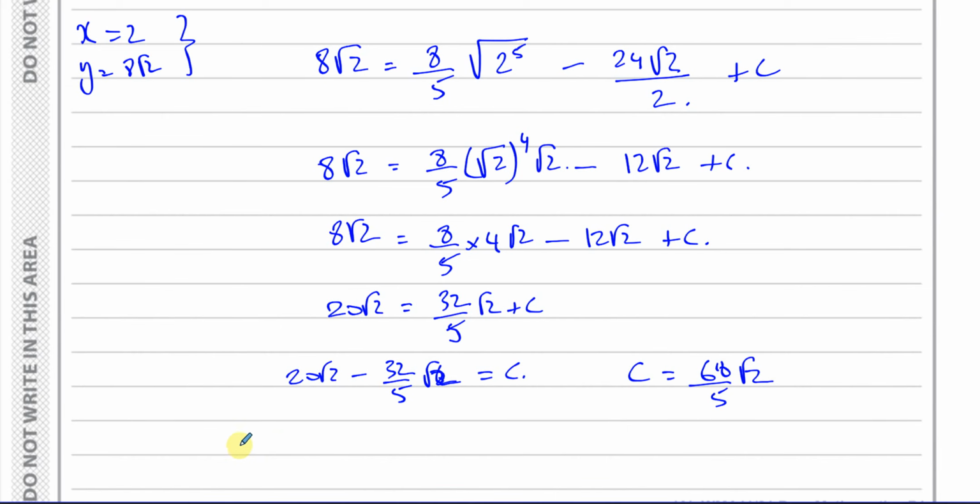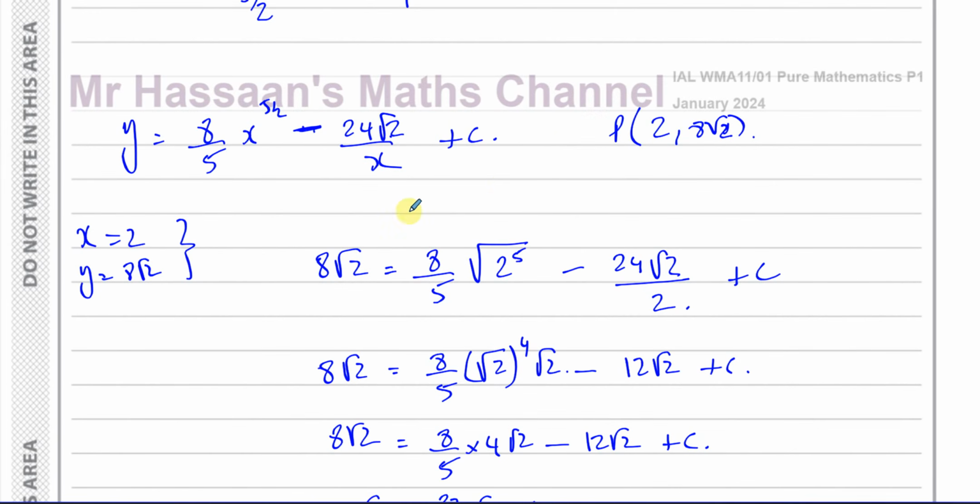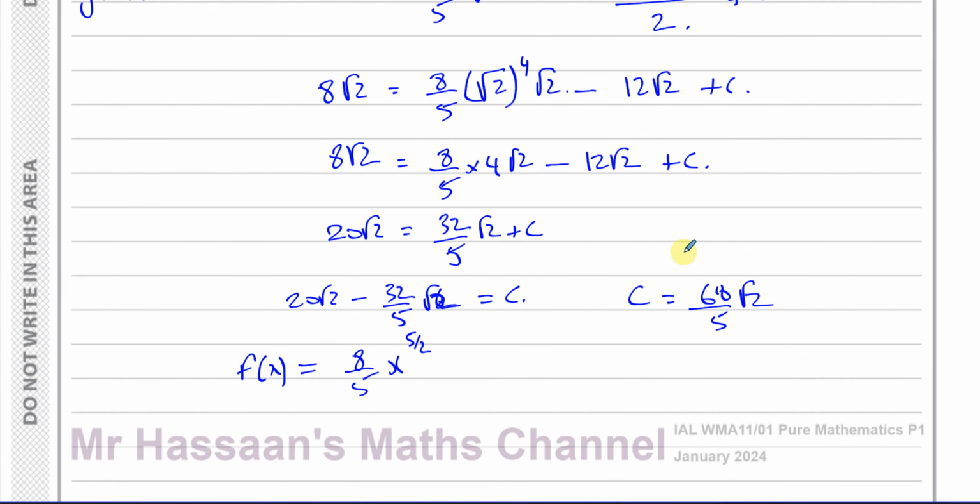So we can say that the equation for f of x is equal to 8 over 5 times x to the power 5 over 2, minus 24 root 2 over x, plus 68 over 5 root 2.